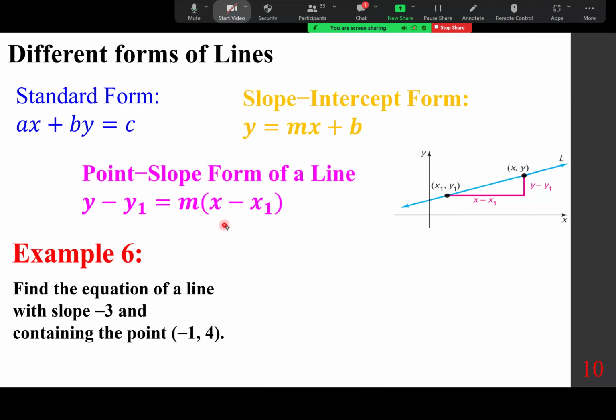Find the equation of a line that has a slope of negative 3 containing the point (negative 1, 4), and we're going to basically plug in. So y minus 4 equals negative 3 times x minus negative 1. Of course, this is plus 1.